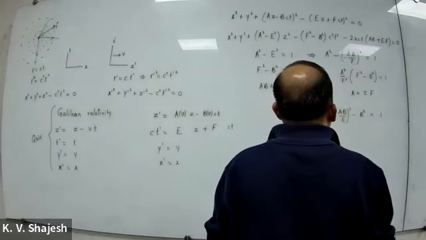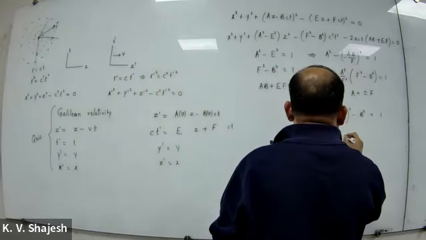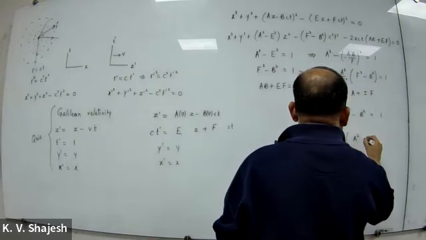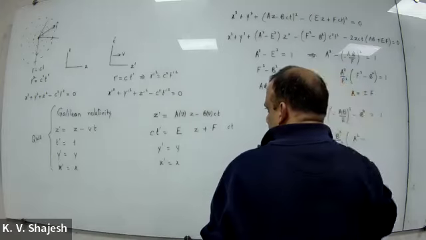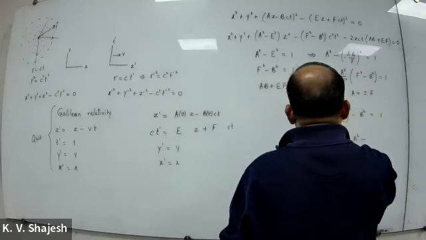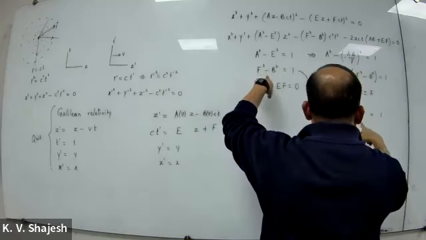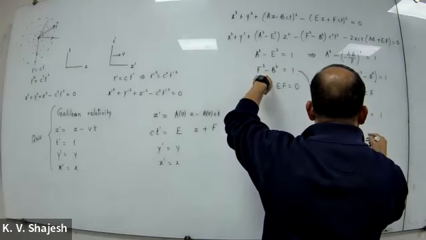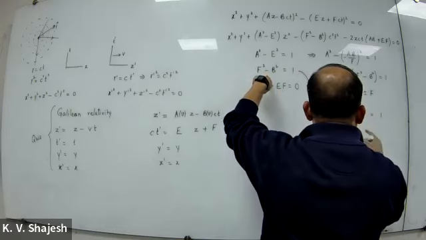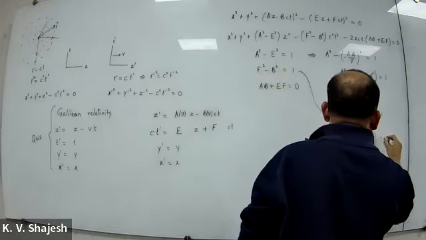So B square over E square is coming out, so that's A square minus F square, F square minus B square, A over E. So E square over E square, E square minus E square, A square, is equal to 1.